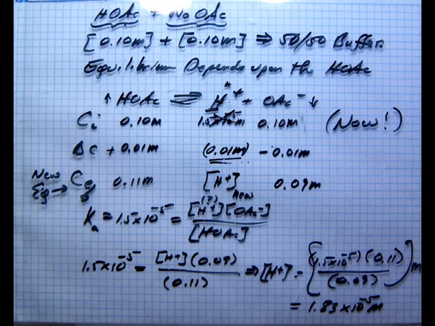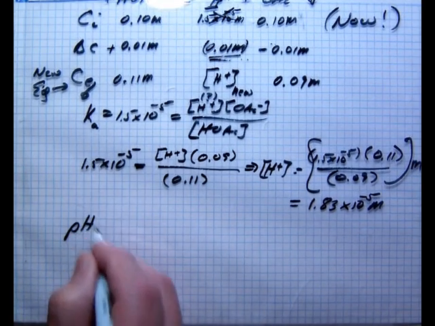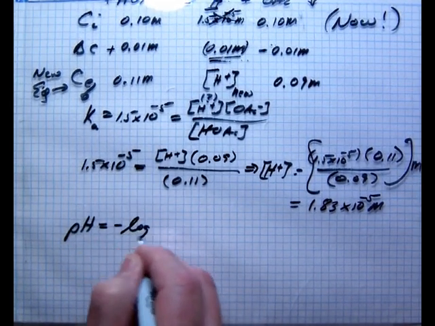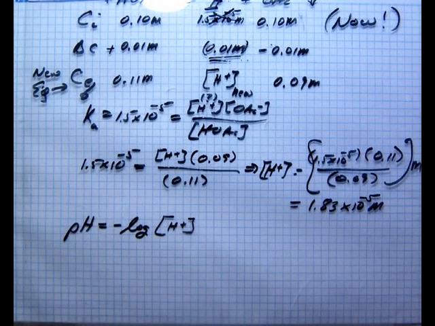Now I want to show you the effect of the buffer system after it undergoes the shift. Now we haven't gotten to all of this as yet, but pH by definition is the minus log of the hydronium ion concentration.